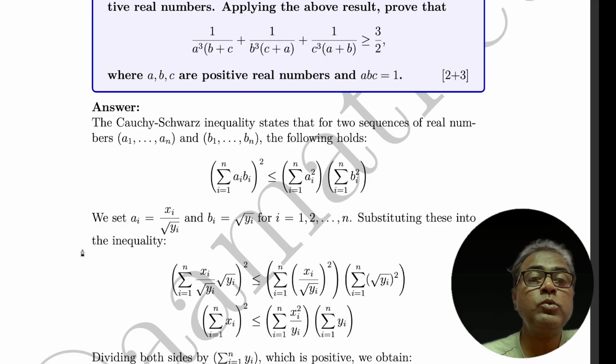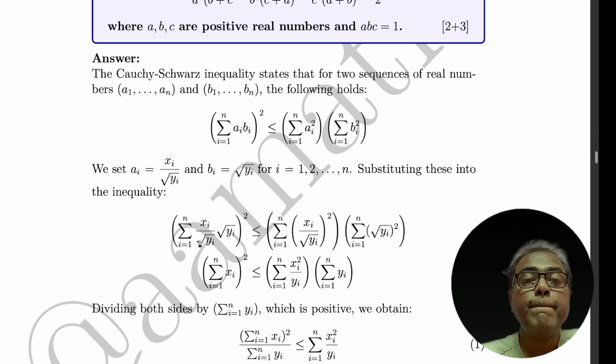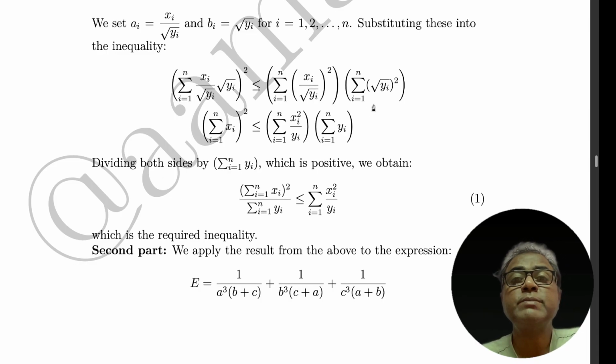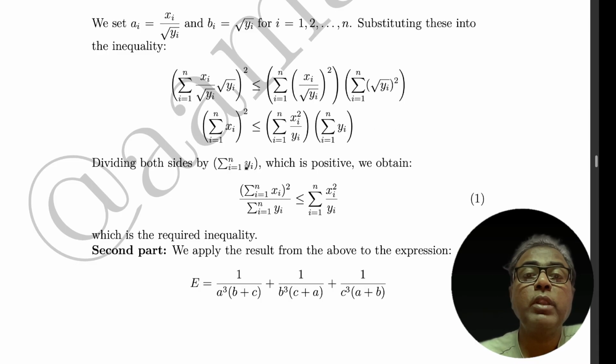Substituting these into the inequality, we put ai equal to xi by root yi and bi equal to root yi. ai square is this and bi square equal to this. So we cancel root yi and the whole square. So we get this, and dividing both sides by the summation of yi, which is positive, we get this.